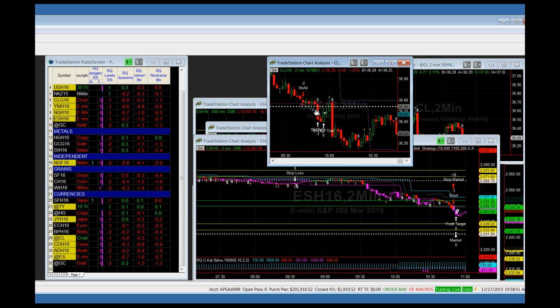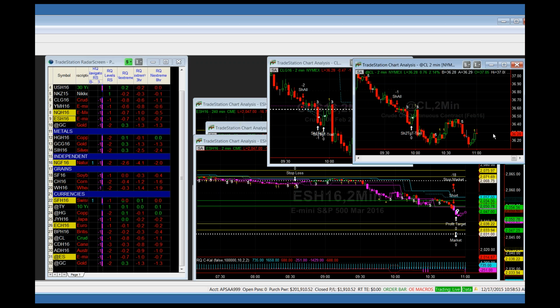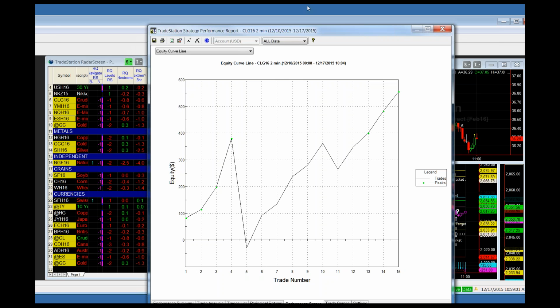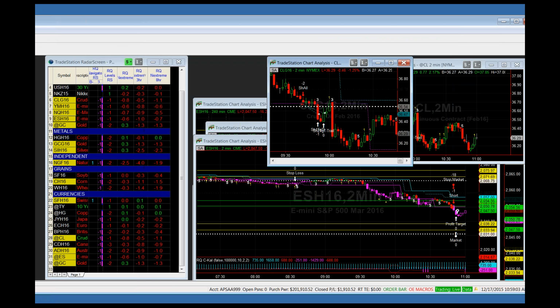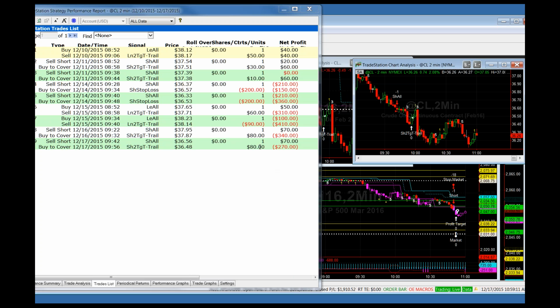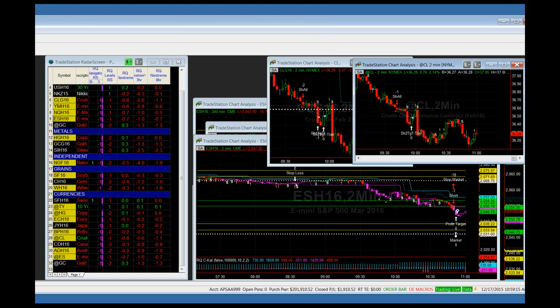Here were the 2 contracts that we trade. Here's the 1 contract that we trade. What was the 2 contract? I think it was good for not much, 90 and 80 bucks, and the 1 contract was good for 80 bucks. Not such a big deal.